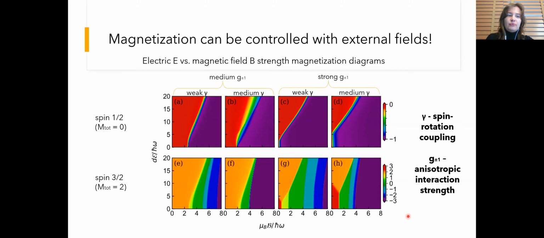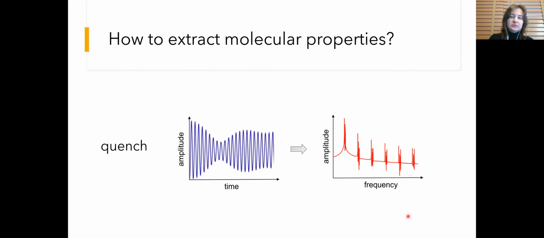So we came up with a proposal to extract them from a quench dynamics setup. A quench consists of a sudden change of some parameters, and I will tell you in a moment which parameters we want to change, for which setup, for which molecular property. After this sudden change of parameters, we see what the time evolution of the system looks like.